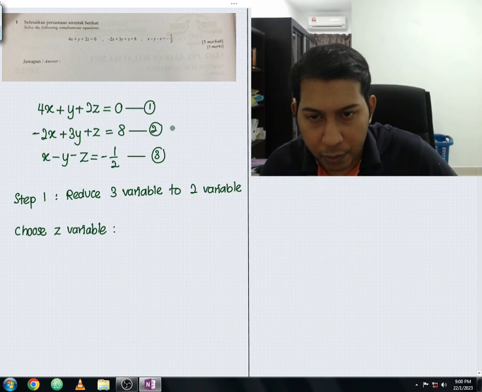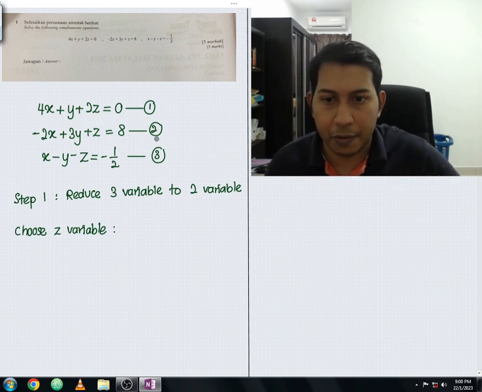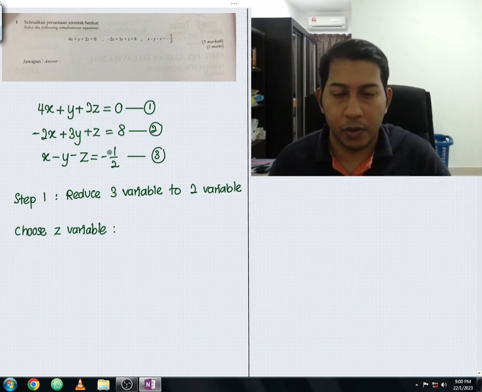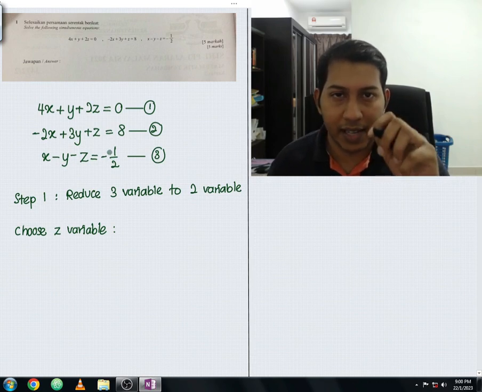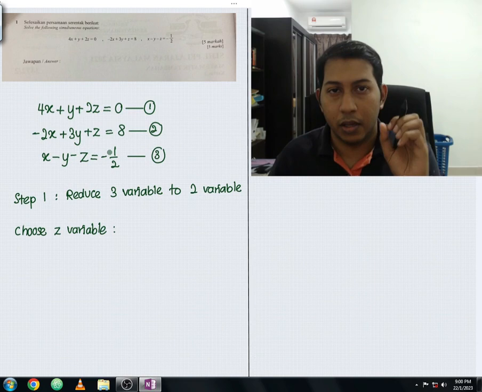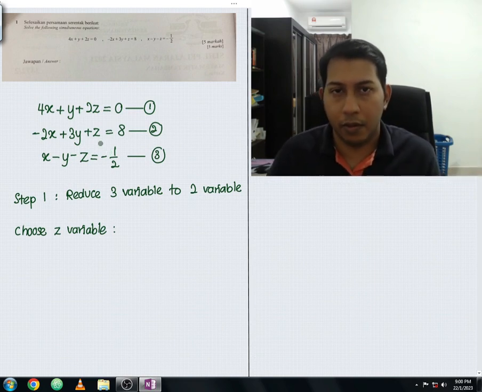Later on, when you times the whole equation by 2, in the coefficient of z, you will get 2z over here for the second equation. In the third equation, you get this negative 2z. So in order for you to eliminate the z variable, you need to plus them together. Okay, positive, negative, you plus them together, you will get 0. Okay, in this case, 2z minus 2z, you get 0.